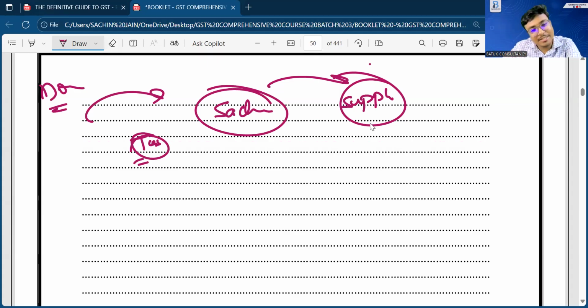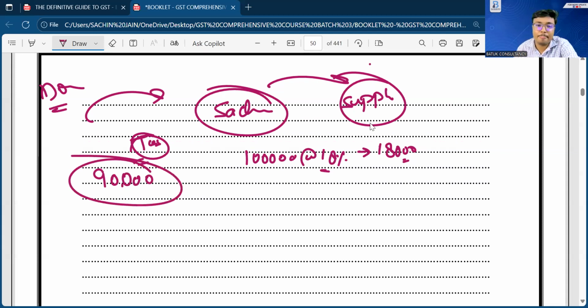Suppose I am selling goods for 1 lakh rupees at the rate of 18%, so 18,000 rupees is the GST figure I am paying to the government. I bought that goods from the market for 90,000 rupees, and I have already paid GST on that 90,000 rupees. Suppose the GST figure is 16,000 rupees.